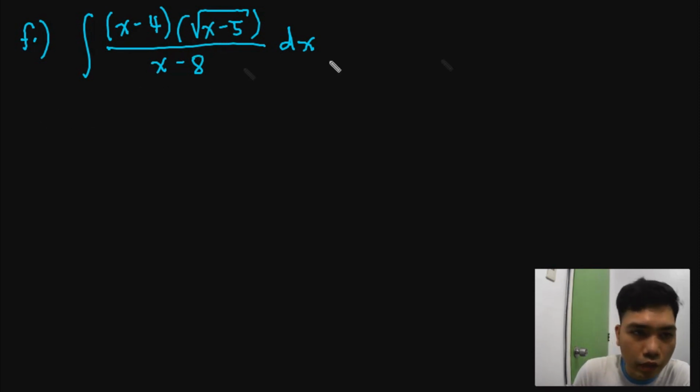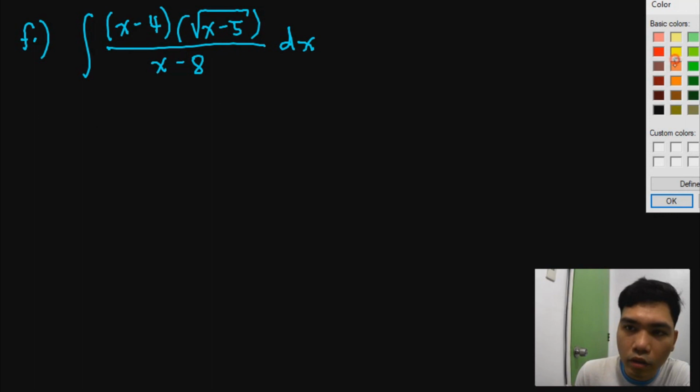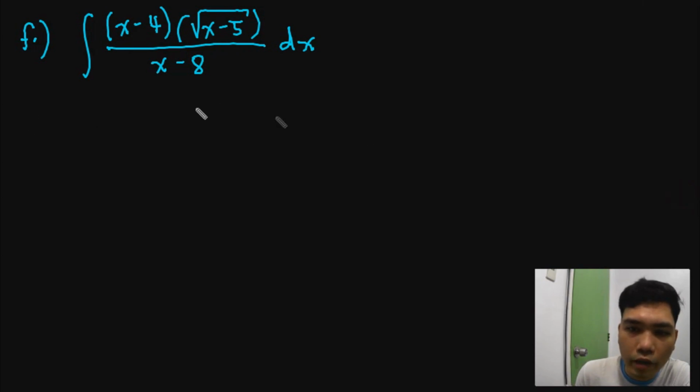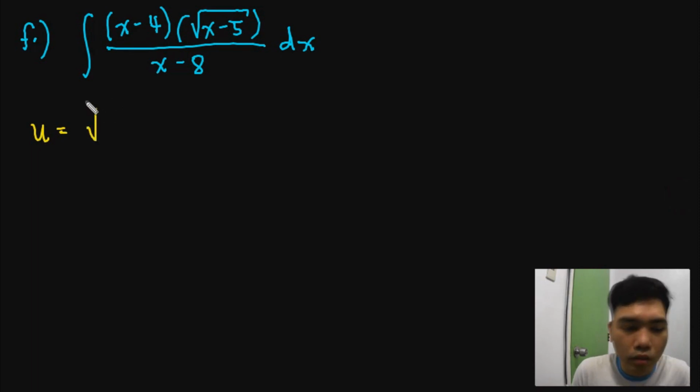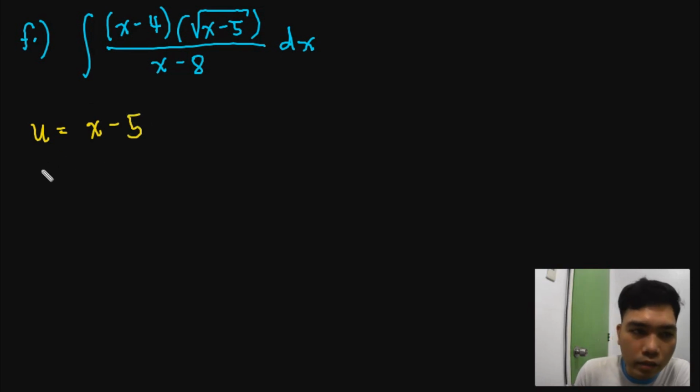So if you let me use another color. So if we have u equal to x minus 5, we'll be getting du, which is equal to dx, and then of course x would be equal to u plus 5.